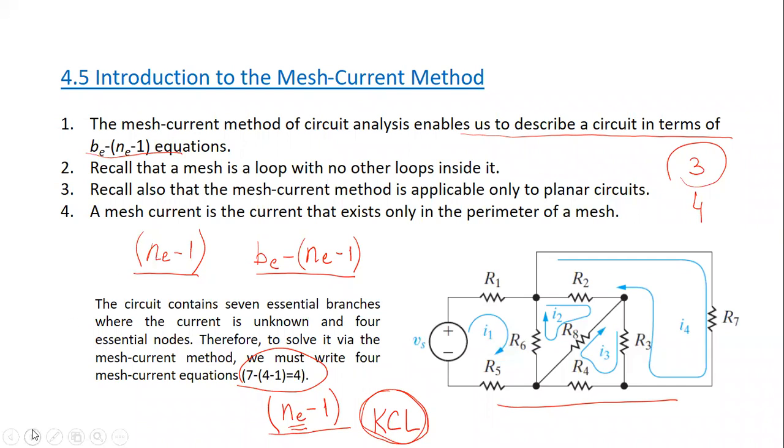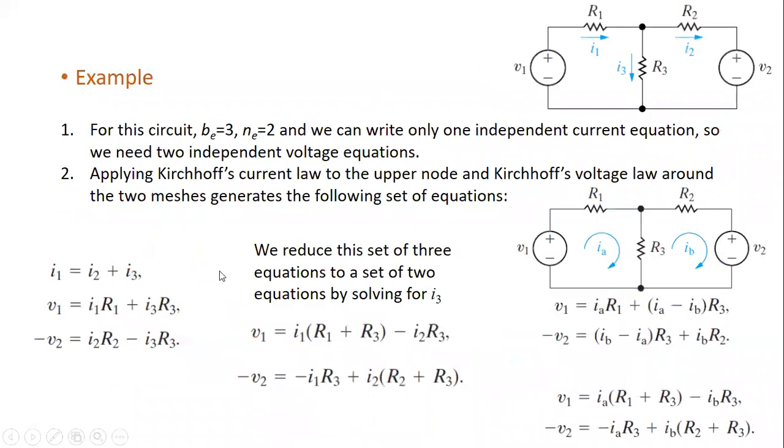Okay. And here we have a simple example that will lead to the concept of mesh analysis. So let's see this simple example. Here we have a network because I have more than 2 simple circuit elements interconnected with each other.